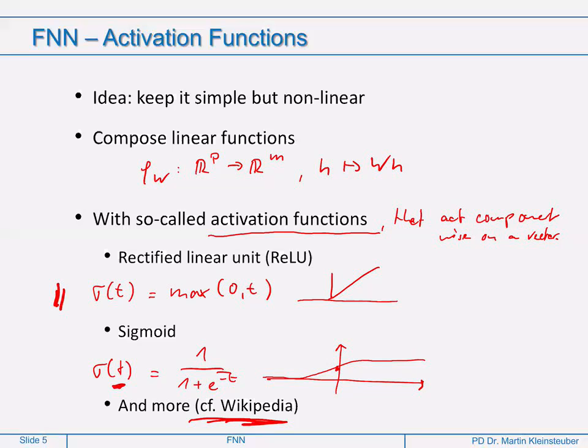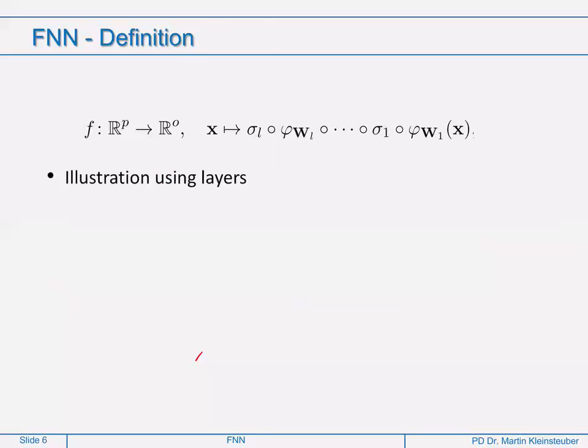It's just an almost everywhere differentiable function that acts component-wise on an input vector. So we keep it simple, but nonlinear, and compose linear functions with these so-called activation functions. And that leads us to this thing here.